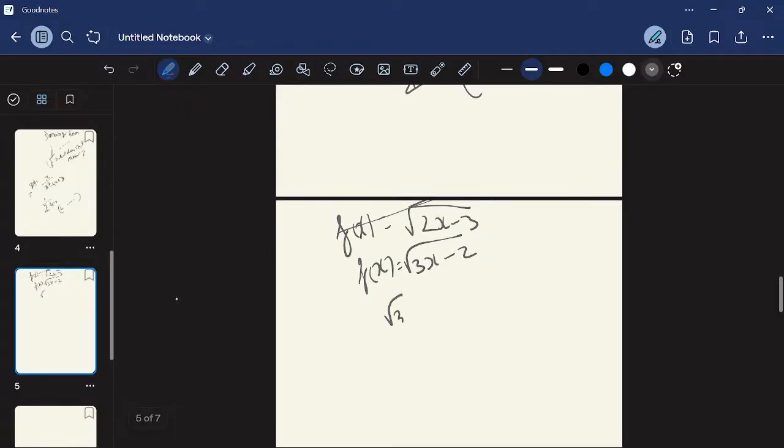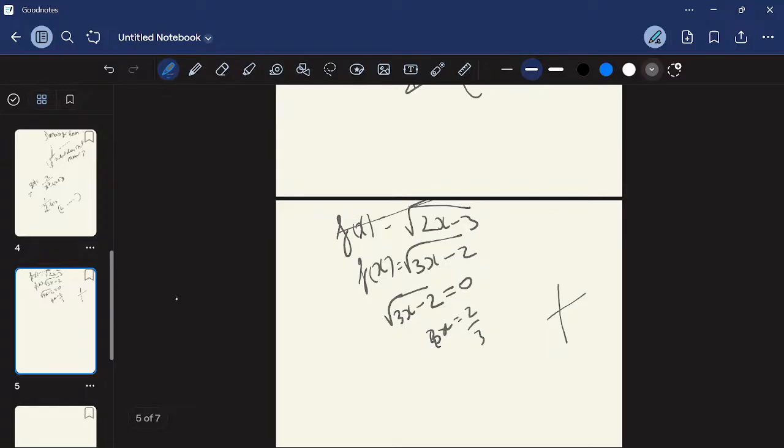I don't know why this goes away. So x is equal to 3 by 2. So if x is 3 by 2, then the function becomes 0. Then y becomes 0, right?